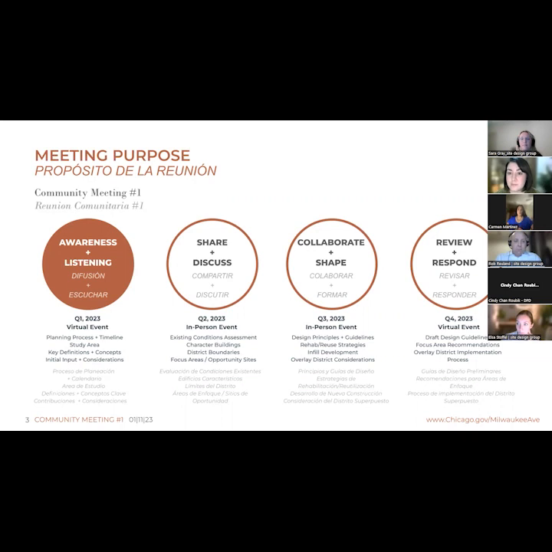And in quarter 4, this is where we're going to give everyone the opportunity to review and provide response time. We'll provide draft guidelines for our working group as well as the public. And we'll talk about the focus areas with the recommendations for a future overlay district. Next slide.